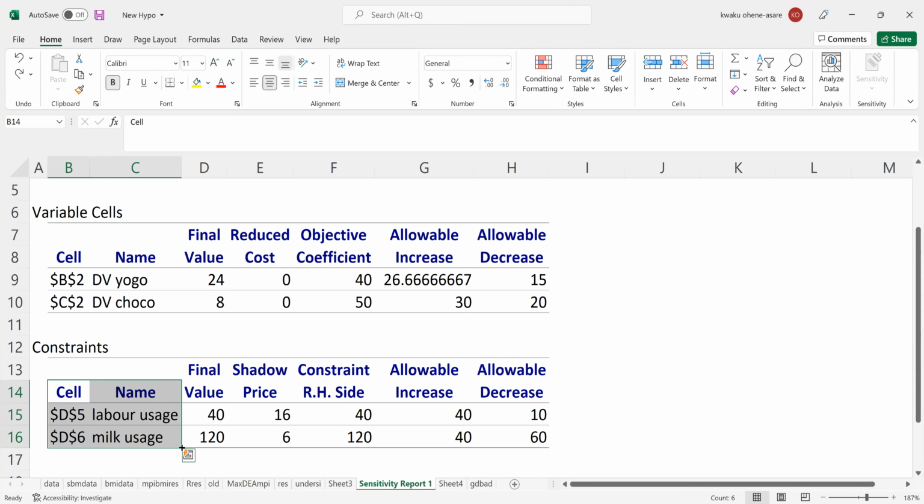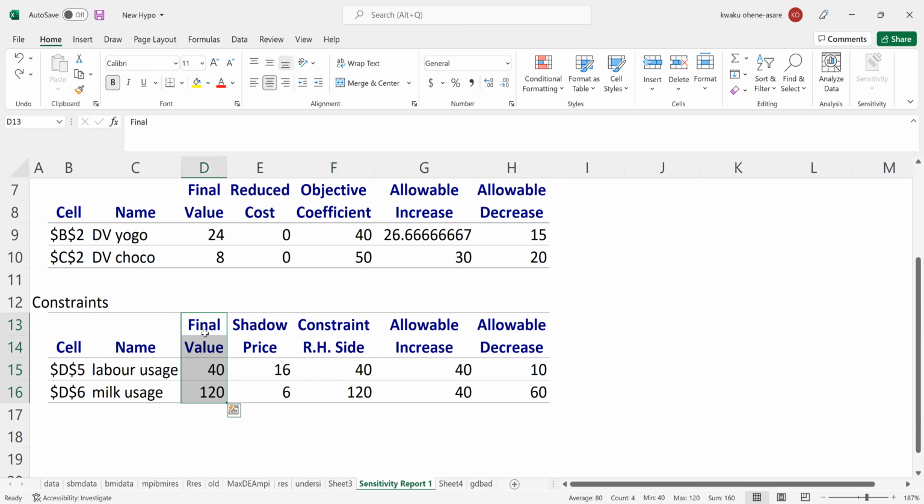A constraint is said to be binding when the left-hand side of the constraint equals the right-hand side of the constraint. The left-hand side of the constraint is the final value of the constraint. The right-hand side is the RH side of the constraint. Excel calls the left-hand side the final value as well.